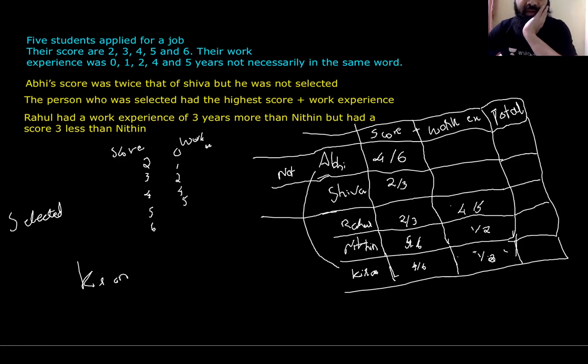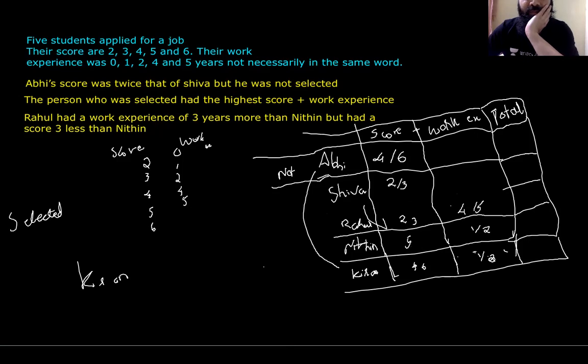So can I say that Naveen will have a score of 5, isn't it? Naveen will be having a score of 5 because one person will have 4 and the other person will have 6.